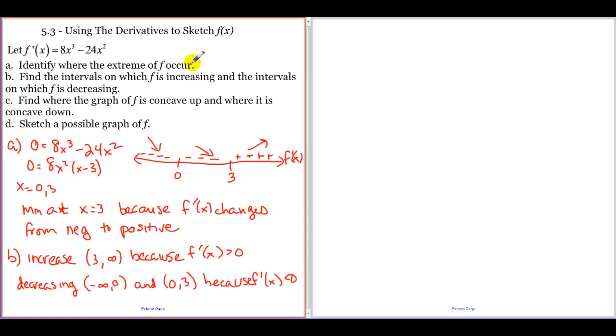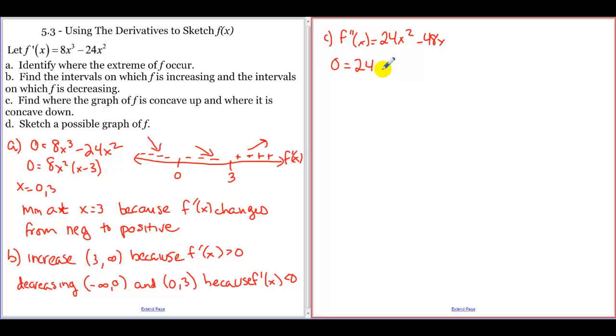Okay, now for part C, we need to find where we're concave up and concave down. So I find my second derivative. That's equal to 24x squared minus 48x. I set that equal to 0 and factor out. So our critical points are 0 and 2.